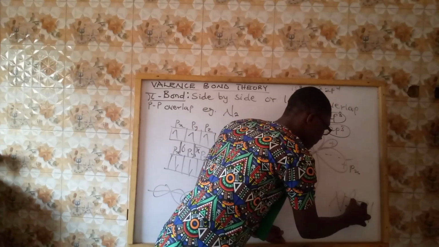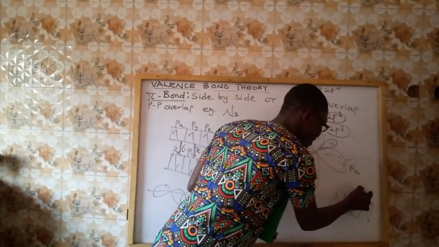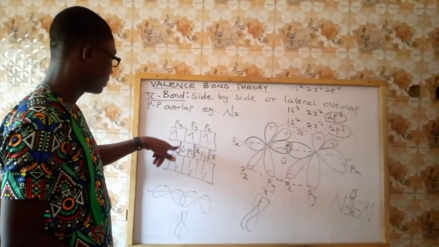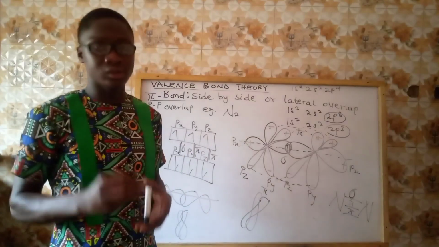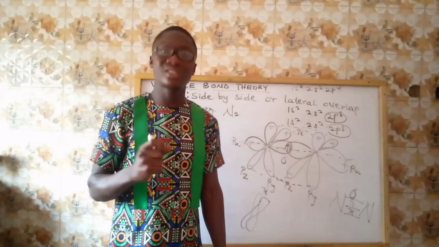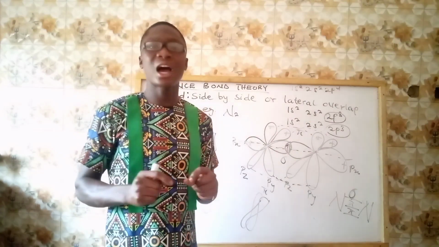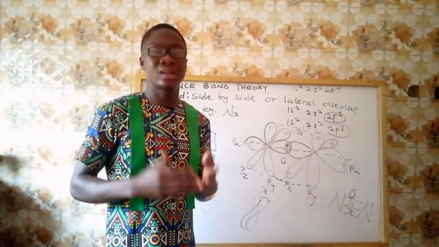So we have just 1 sigma bond and 2 pi bonds. In any bond, the first bond is always a sigma bond and the rest are pi bonds. This is how to identify the p orbitals for the sigma bonds and pi bonds.